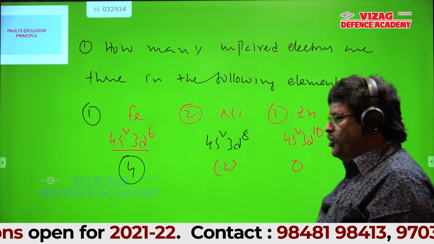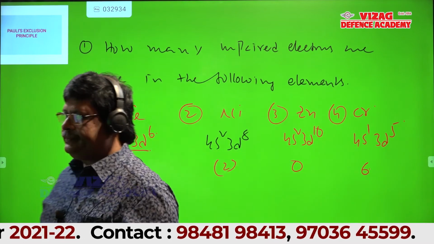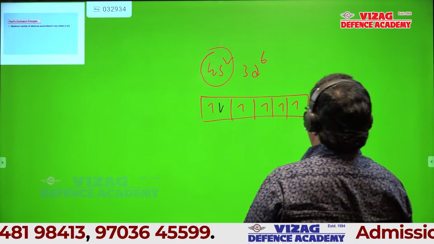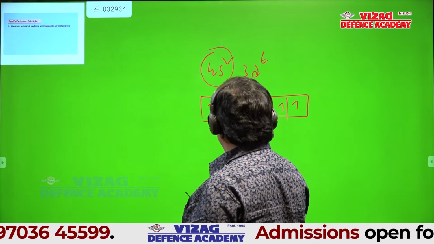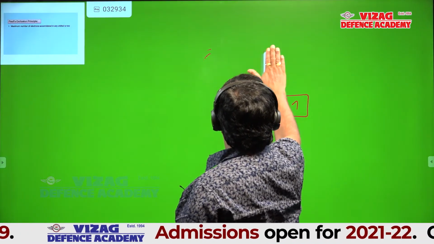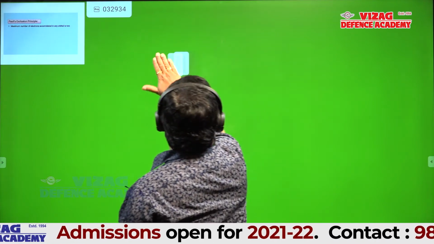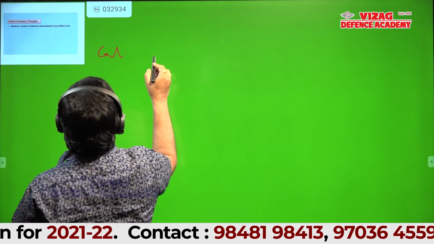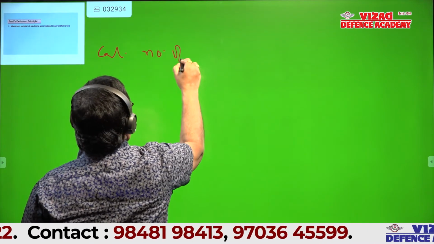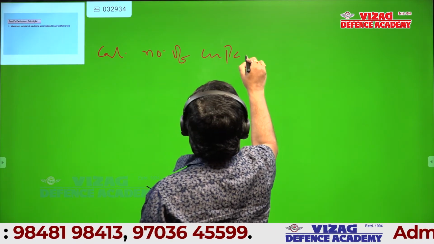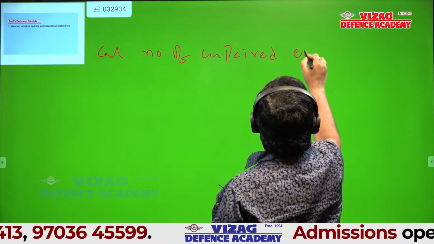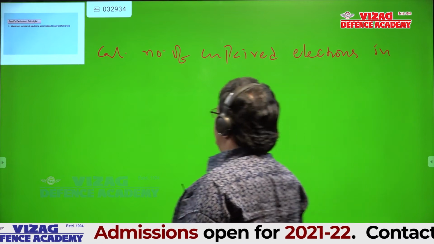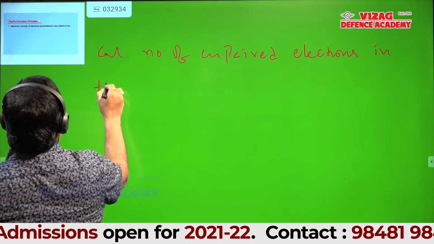Can I give one more question, students? Okay. Next question is, calculate the number of unpaired electrons in the following ions.